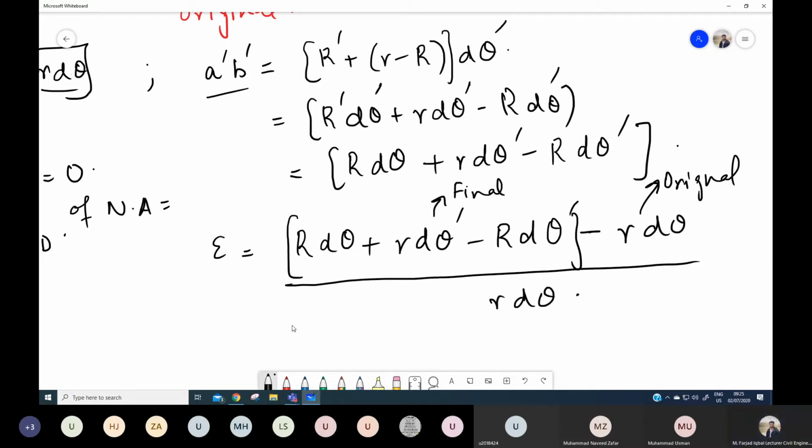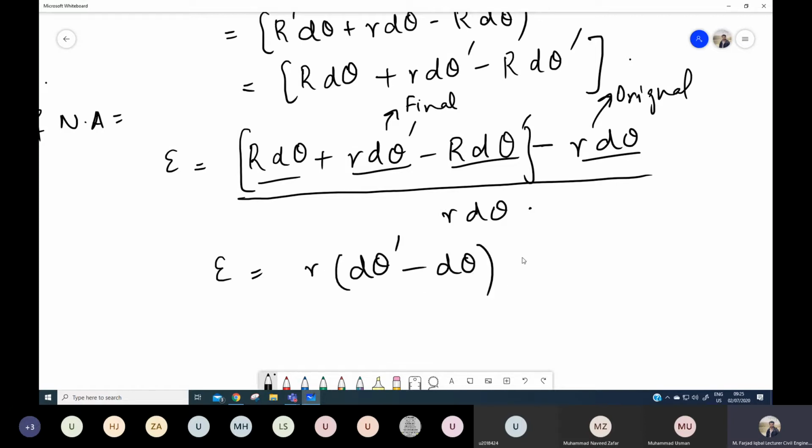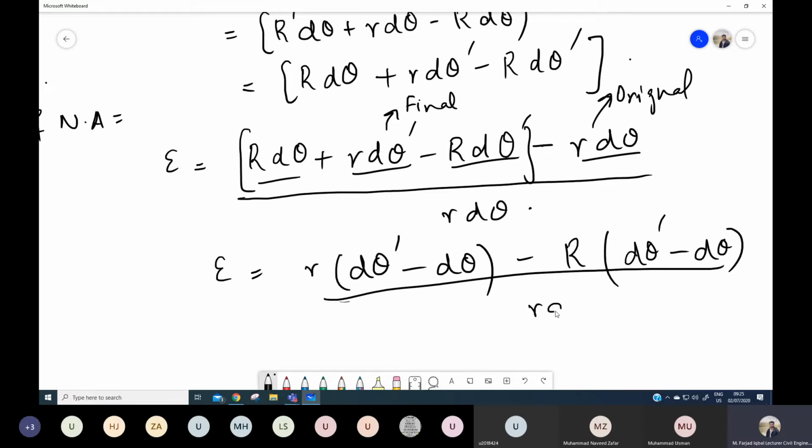If I simplify this, I get epsilon is, I have two terms for small r and two terms for capital R. Taking small r as common, I get r times d theta dash minus d theta, and minus capital R as common, I get d theta dash minus d theta, divided by r into d theta.